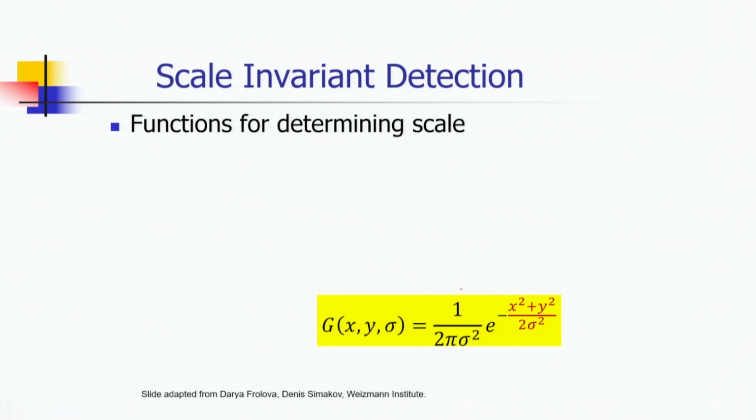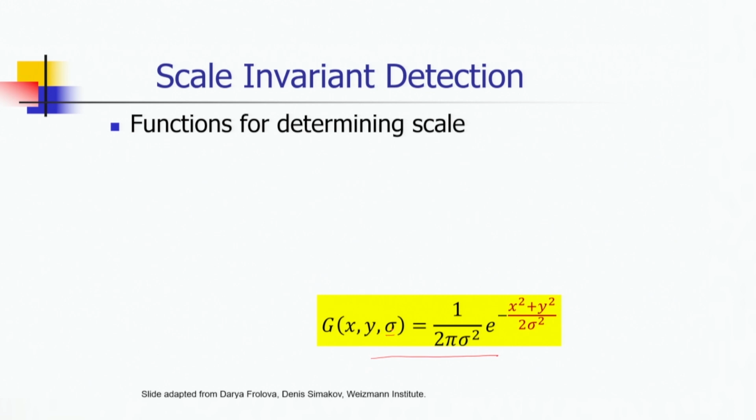So, for scale invariant detection, as I mentioned, you have to perform the difference of Gaussian operator and then take the local maxima in the scale space representation of the image. I have already shown the Gaussian function with the parameter sigma.